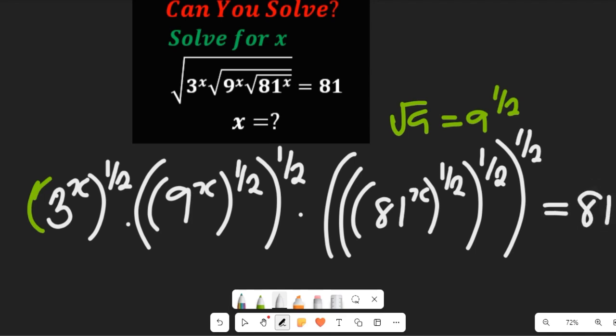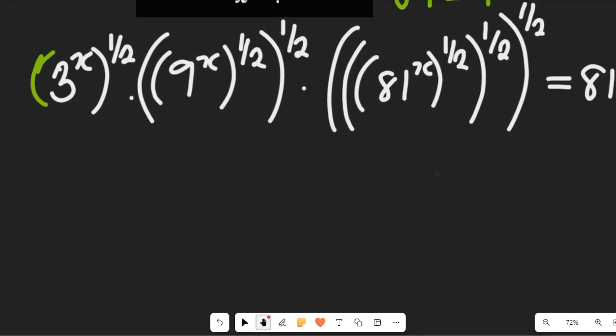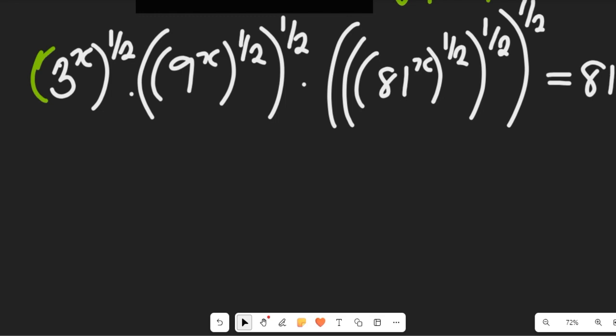And recall, all these will be equal to 81. Great. Now look at that expression very well. We are going to simplify.